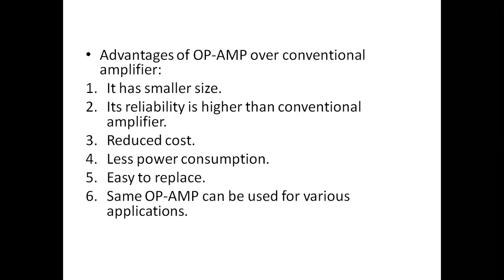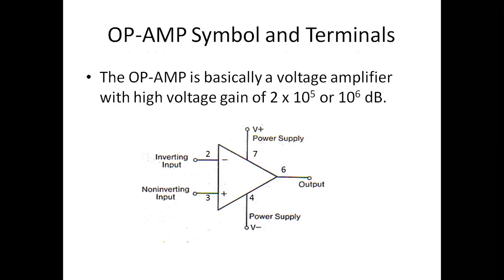So we can say it will have less power consumption. It is easy to replace. The same op-amp we can use for various applications. It means we can use the same IC for integration, differentiation, addition, subtraction. So we can say it is an advantage of the op-amp. The same op-amp can be used for multiple applications.